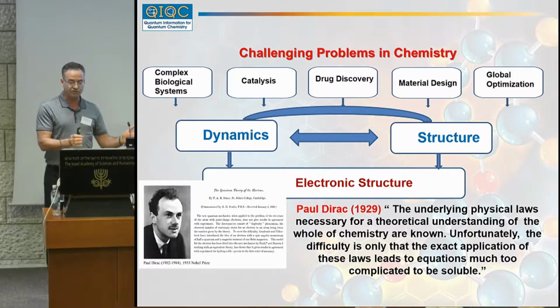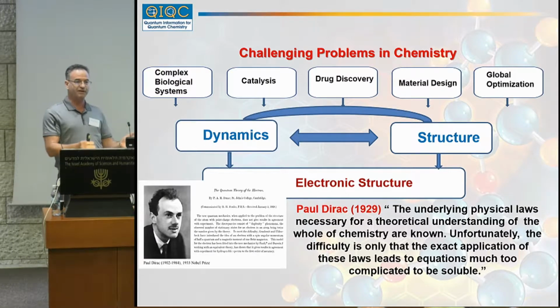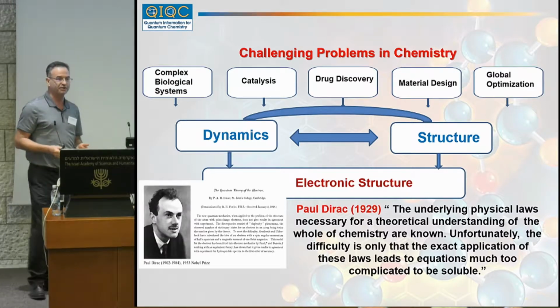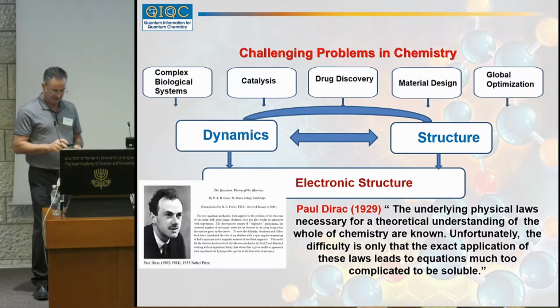Okay, now you see there's a shift in this field from can we build this machine to what to do with the machine. And in chemistry, the question is, what are the challenging problems in chemistry that need such a machine?